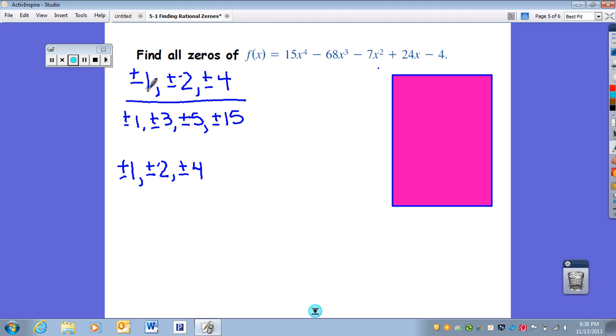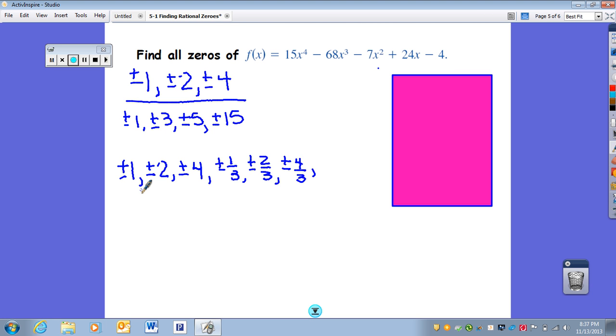Then we want to divide each of the numerators by our second set of factors in the denominator. So we're going to have plus or minus 1/3, plus or minus 2/3, and plus or minus 4/3. Then we are going to take our numerator factors and divide it by our next denominator factor.